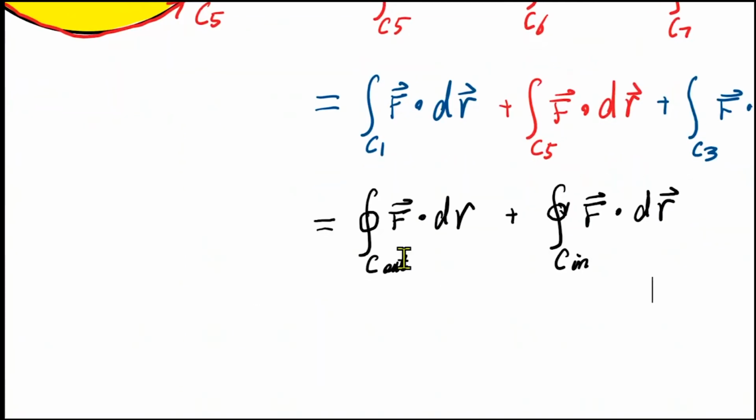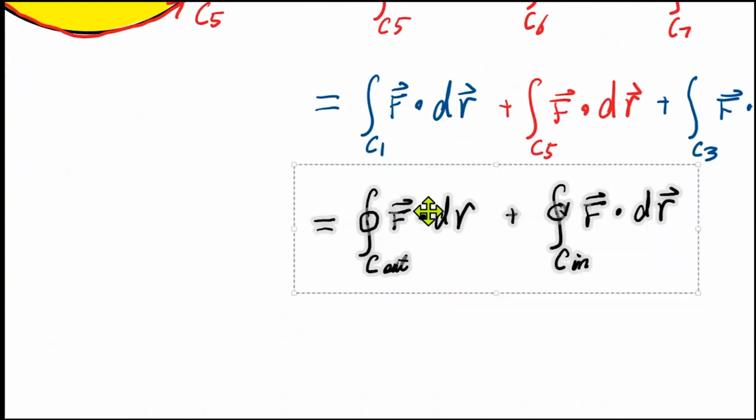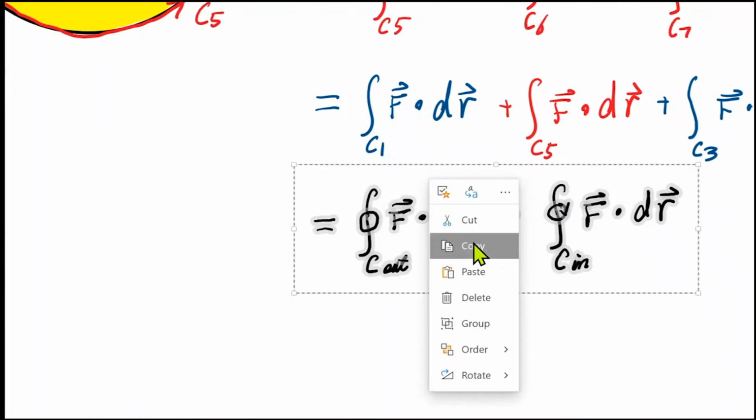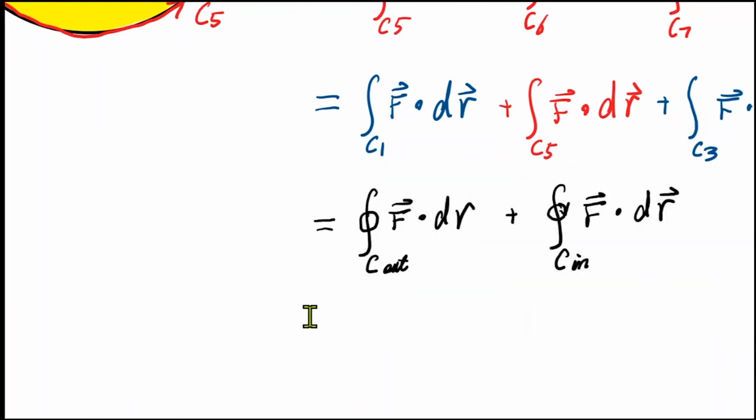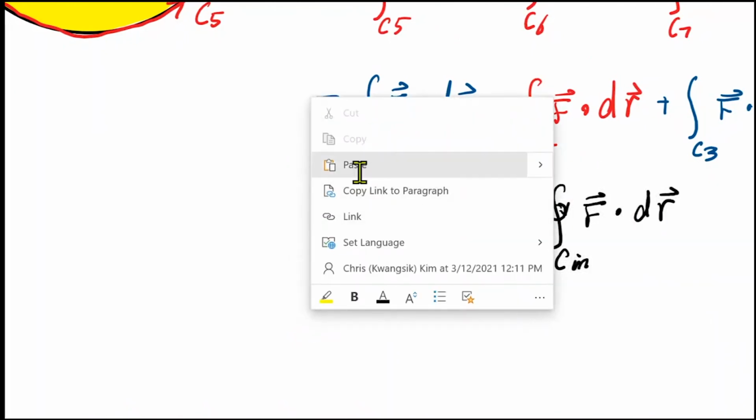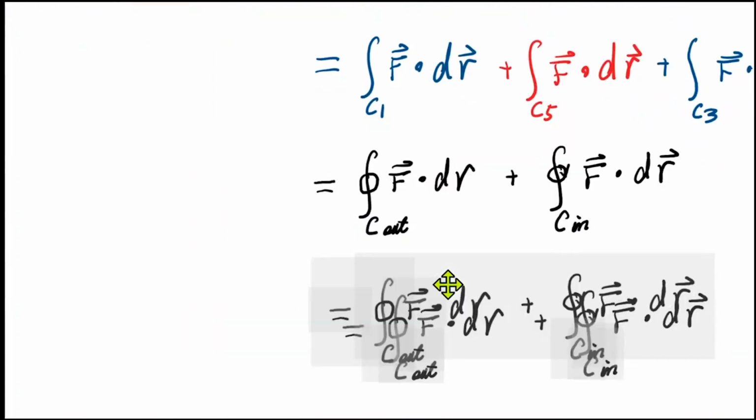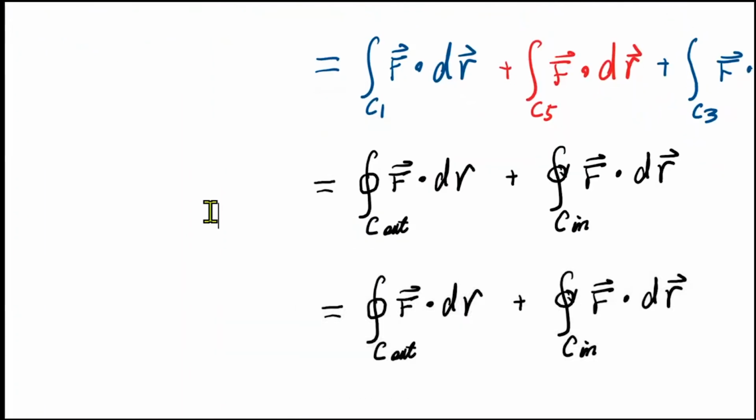However, I want to reverse the direction of this thing, so they are both positive direction. I'm going to copy this, and I'm going to paste it here. What happens if I reverse the rotation and just put it in the same direction?